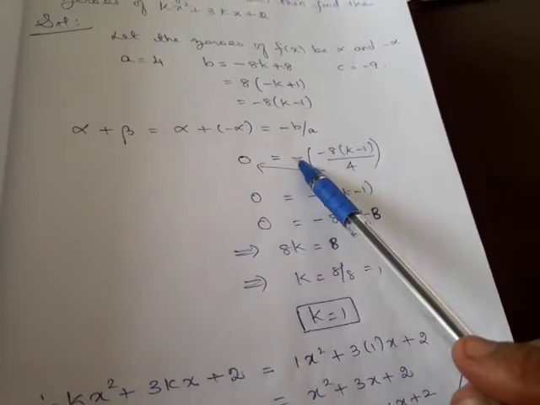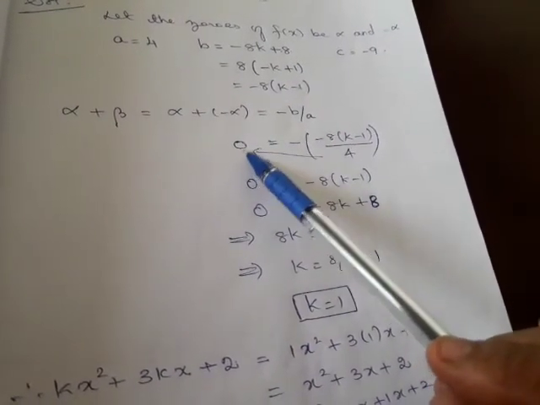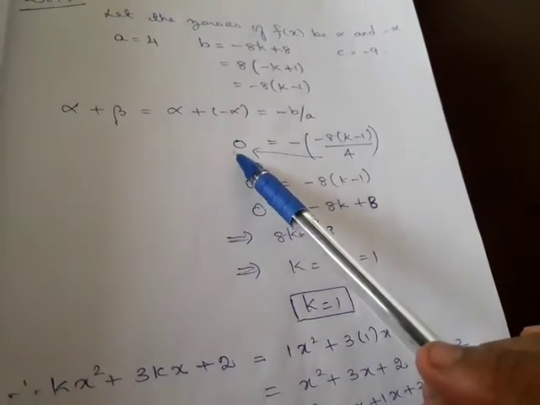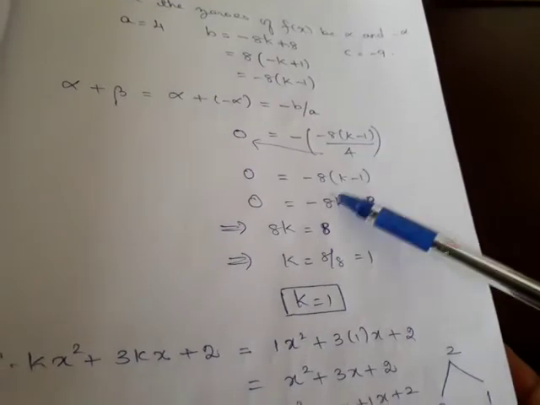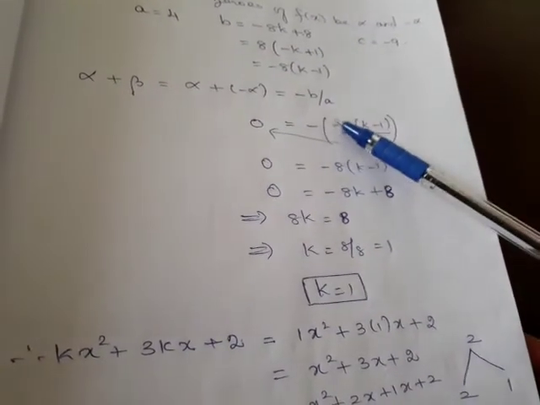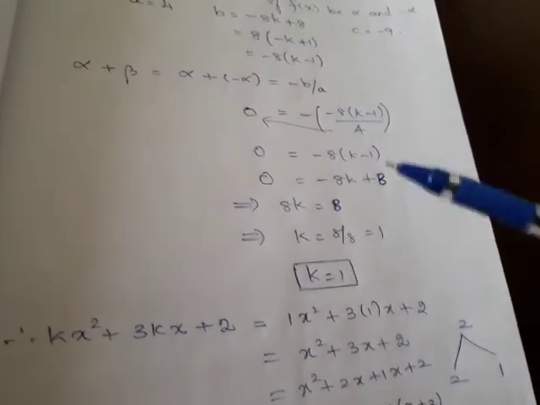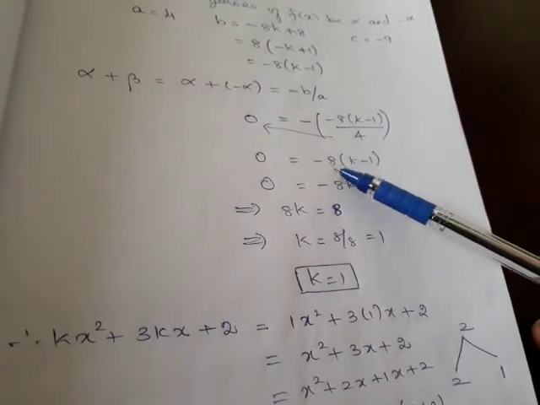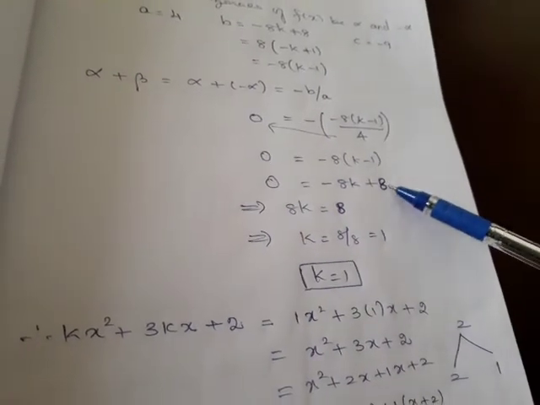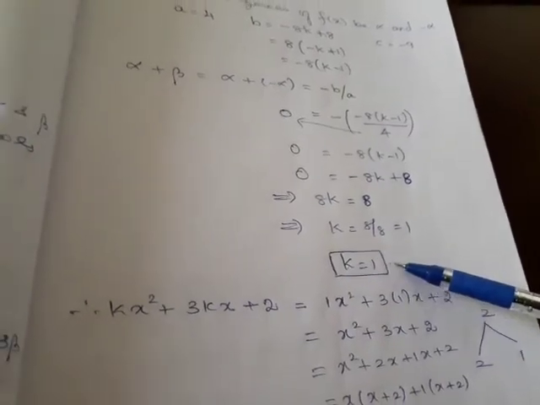Then this negative we can leave, since we have 0 on the other side. If we had any other number, you would have to bring that minus to the other side. So we have −8(k − 1), or you can multiply this: minus into minus becomes plus. Then −8k plus 8, so 8k is equal to 8. We have simplified and found the value of k, which is 1.